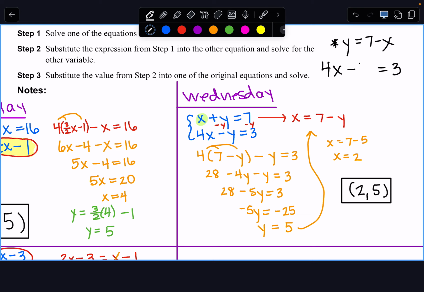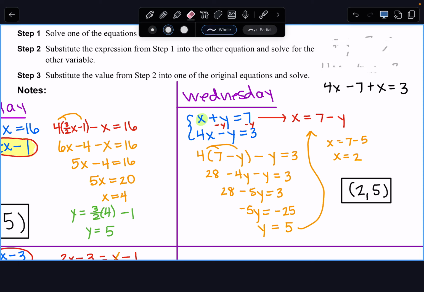You always need to be substituting using parentheses because that minus is going to affect the 7 and the minus x. Do you see that? How this becomes 4x minus 7 plus x equals 3? Okay, so every time you're substituting, I want to make sure that you are substituting using parentheses.